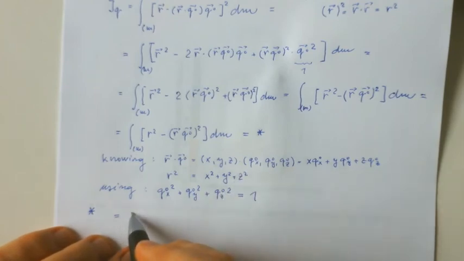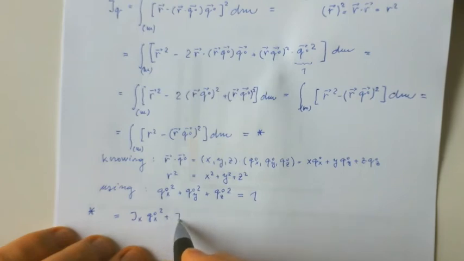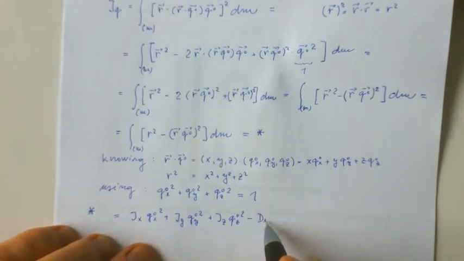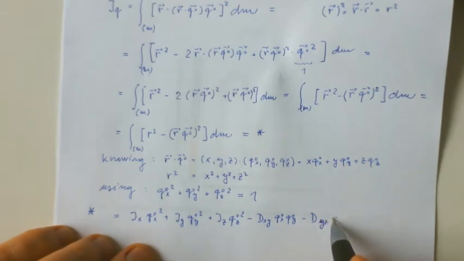So it is Jx by q0x square plus Jy by q0y square plus Jz q0z square minus dxy q0x by q0y minus dyz by q0y by q0z.